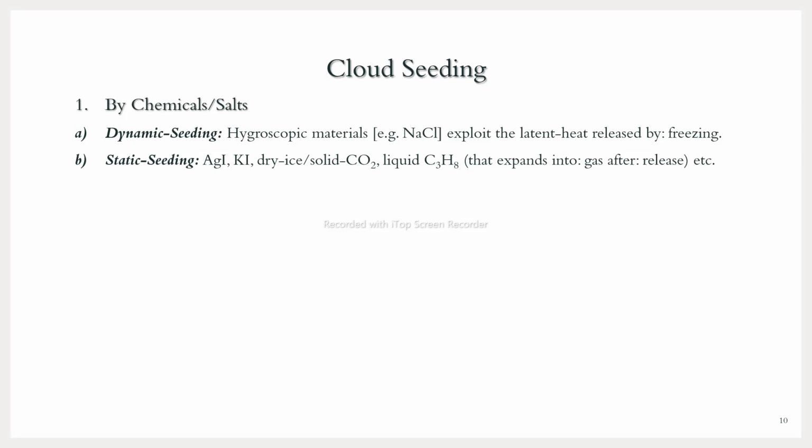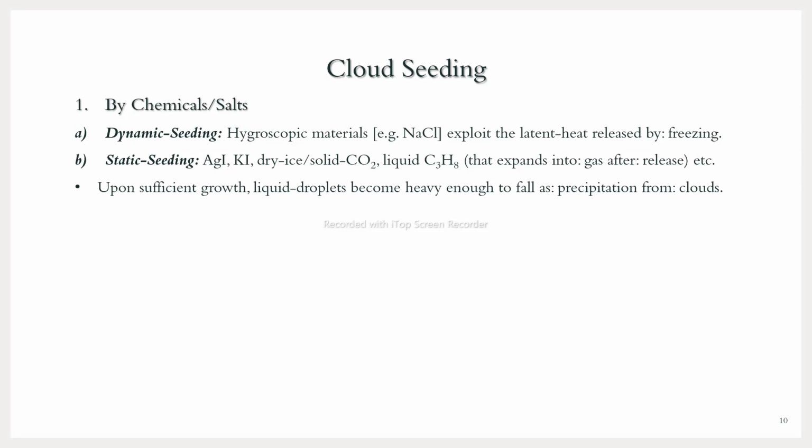So these types of conventional chemicals are used in the chemical or salt based method. There are also other types of cloud seeding methods. In static seeding, upon sufficient growth, liquid droplets become heavy enough to fall as precipitation, because small droplets coalesce into larger ones, and it rains.